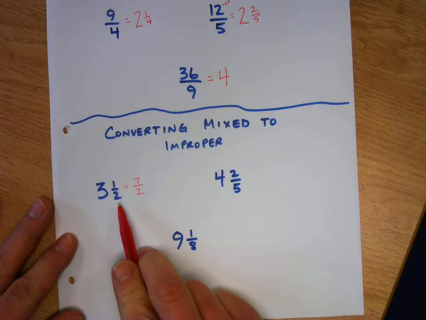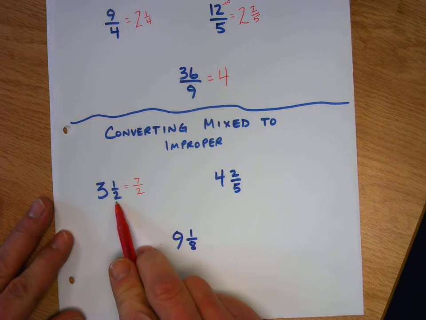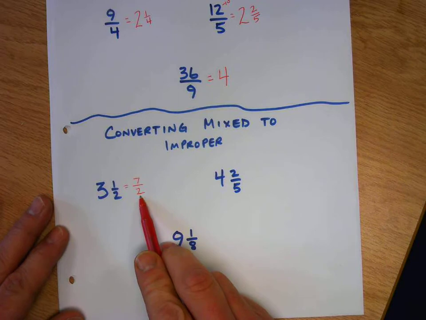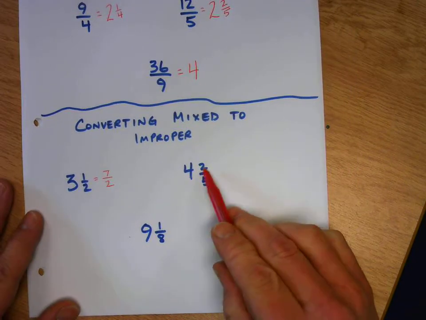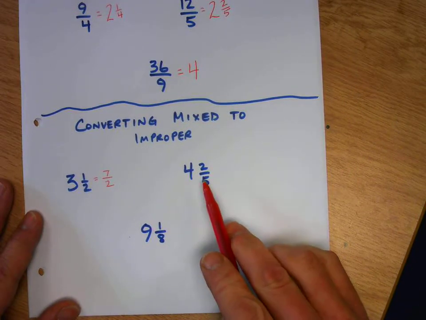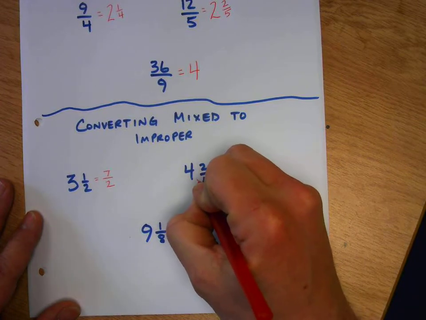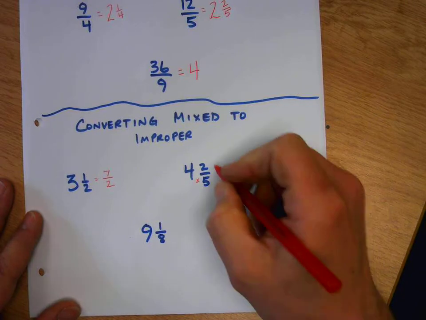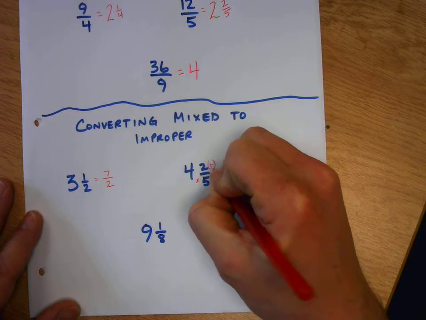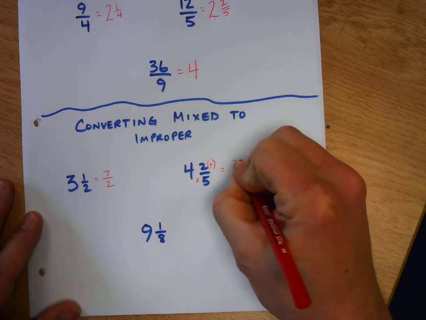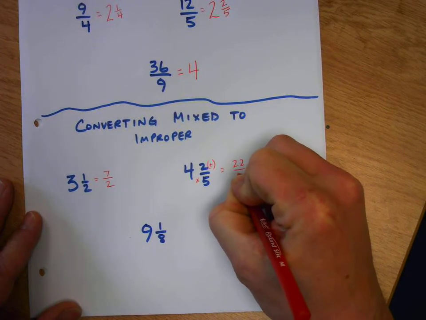Whatever the denominator is in the fractional portion of the mixed number becomes the denominator of the improper fraction. Okay? We have 4 2/5, so we have 4 wholes with 5 in each. So essentially I'm doing 4 groups of 5, which would be 20, plus I'll add the extra 2 parts, giving me 22 over 5.